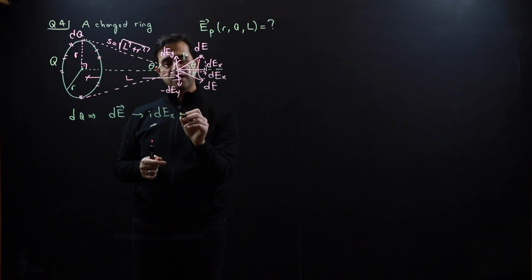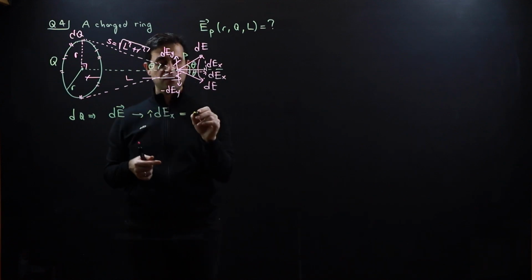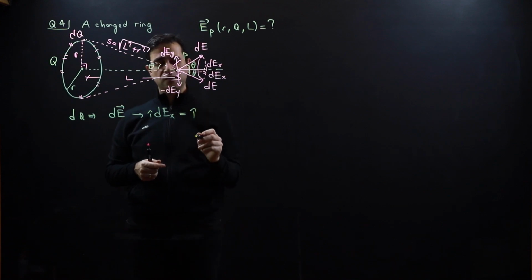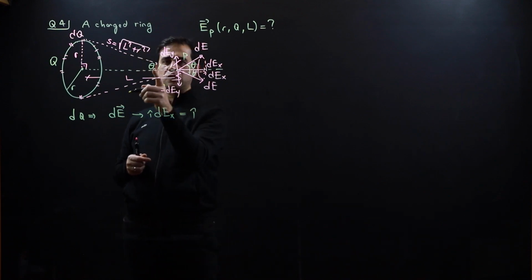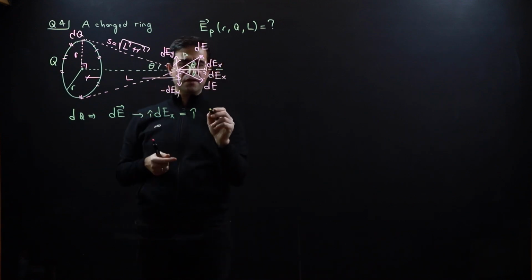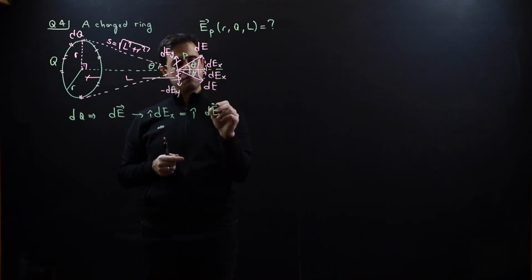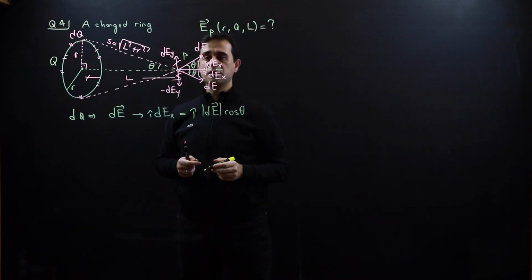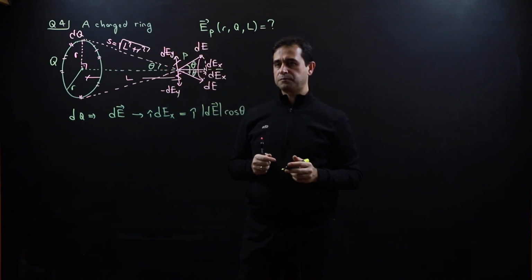So what is dEx? It is along i hat, pointing in the plus x direction. Looking at the geometry, the x component is the adjacent one, so it's the dE magnitude times the cosine of the angle theta. That's dE cosine theta.